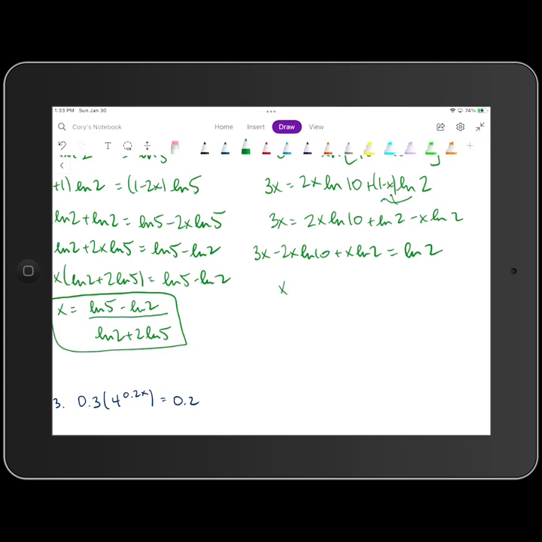So when I do that, we get x equal to the natural log of 2 over 3 minus 2 times the natural log of 10 plus the natural log of 2. Okay, so that's going to be your solution for that one.